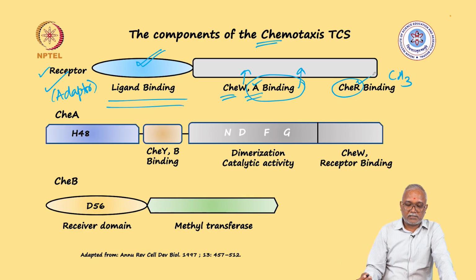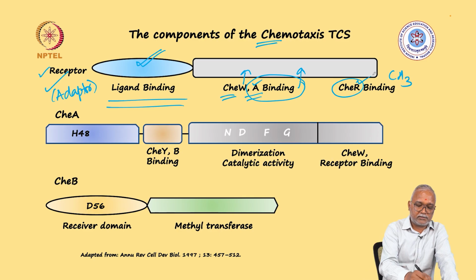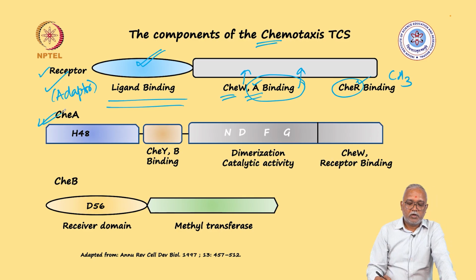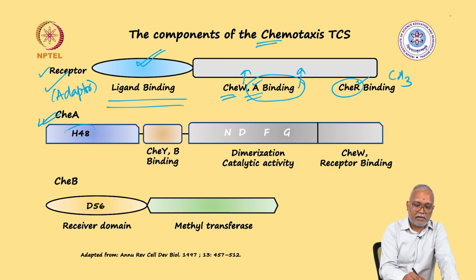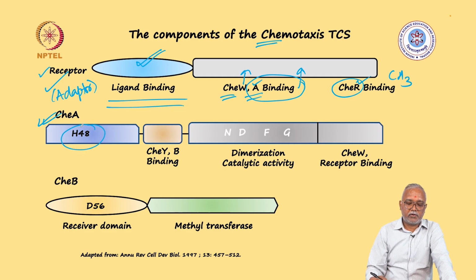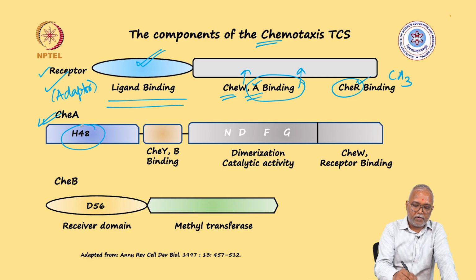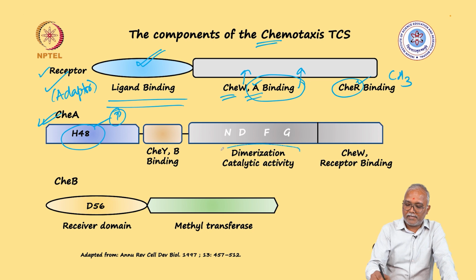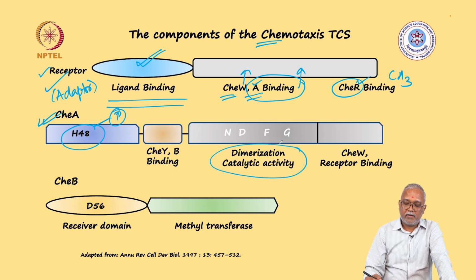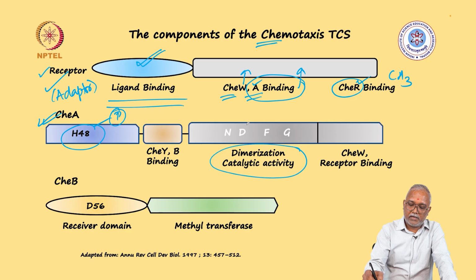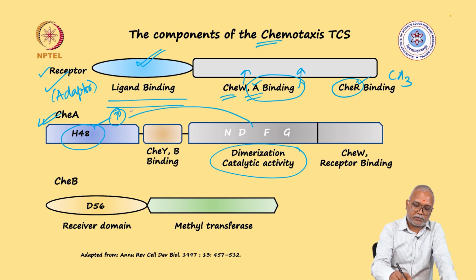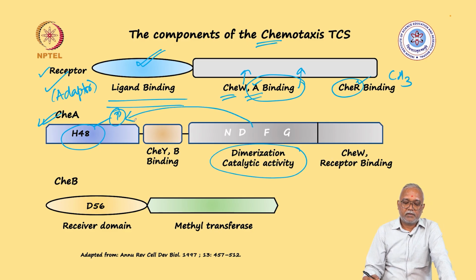Your actual sensor kinase or histidine kinase is this Che molecule. So it has a histidine residue at position 48, which will receive the phosphate group as the signaling proceeds. It also has this dimerization and catalytic active domain, which basically means that it will allow the phosphorylation of the histidine residue.